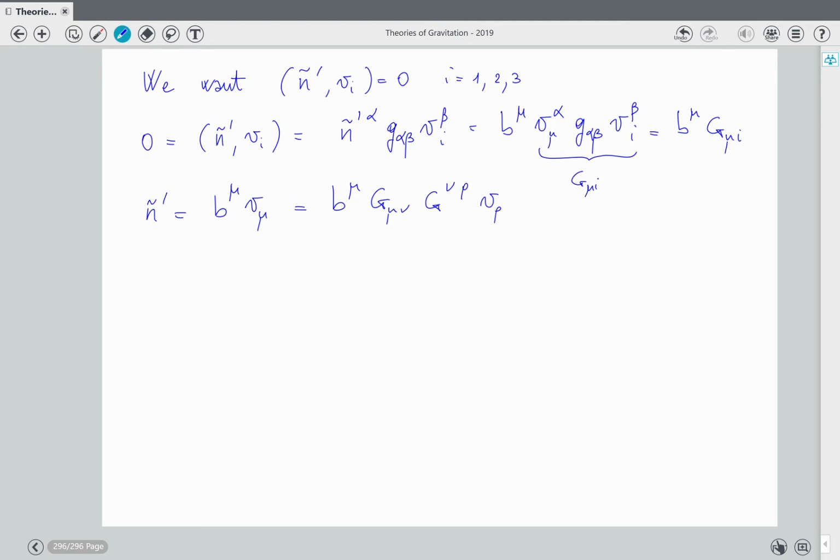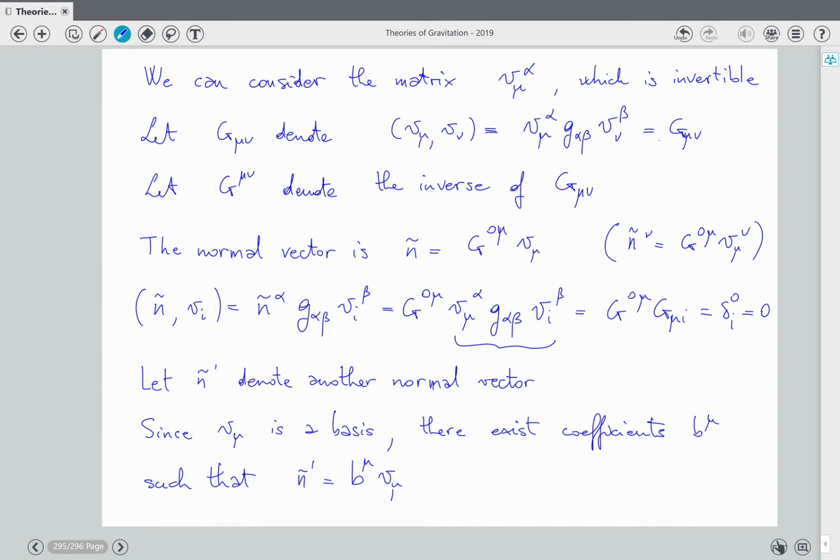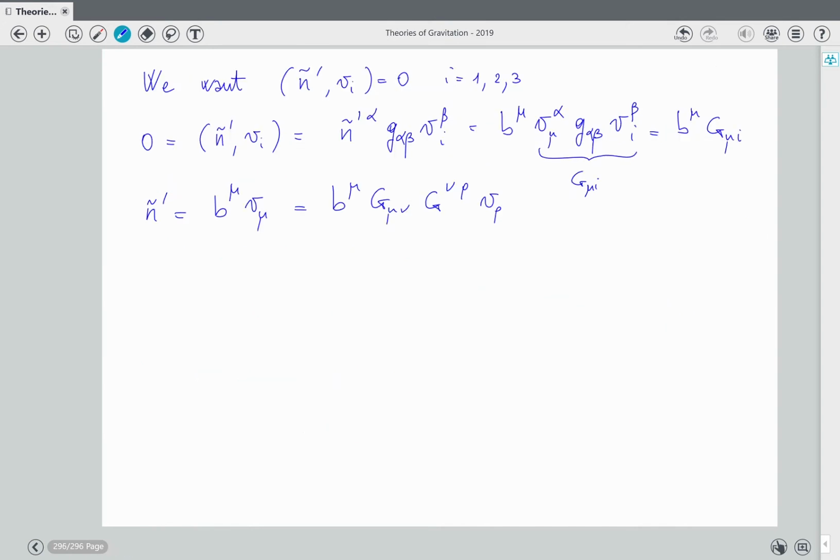Now we use some information we have, namely that b mu g mu I is 0 for every I. So here we have b mu g mu nu. For nu equal to 1, 2, 3, this is 0, and that means that nu can only be 0.